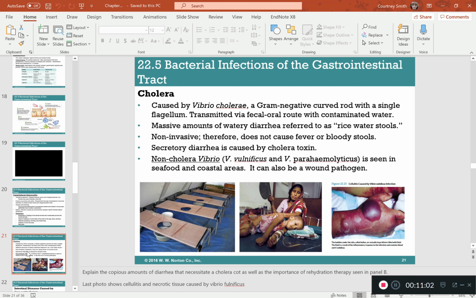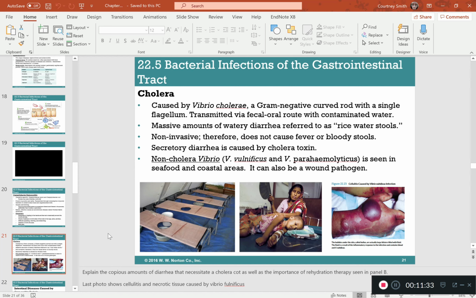So you ingest contaminated water, and then with cholera, it does produce severe watery diarrhea. That's actually why these are called cholera beds, because unfortunately a patient, if they do have it, a lot of times can't get up quick enough to relieve themselves, and they can't hold it in because it is water, it's not solid. So it is non-invasive, meaning there is essentially no fever and no bloody stools.